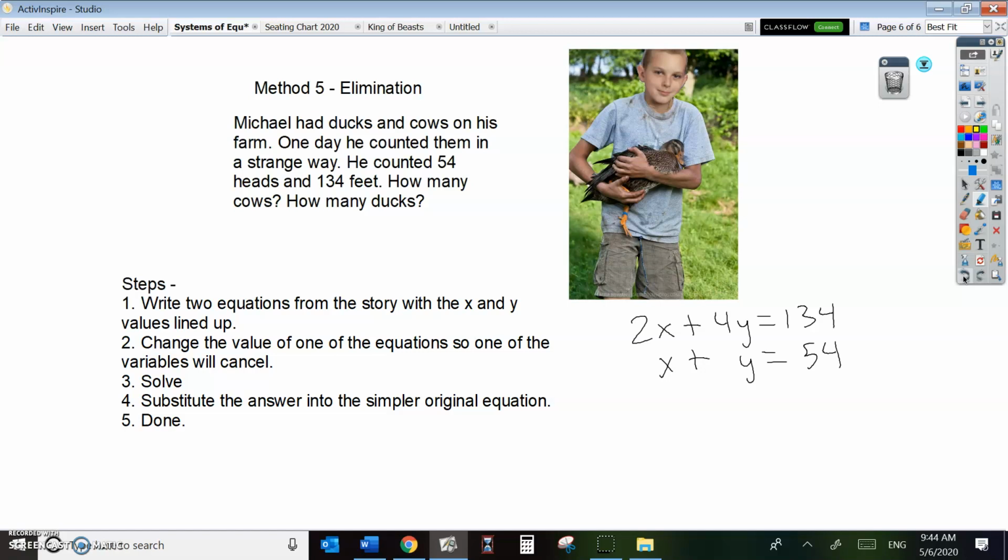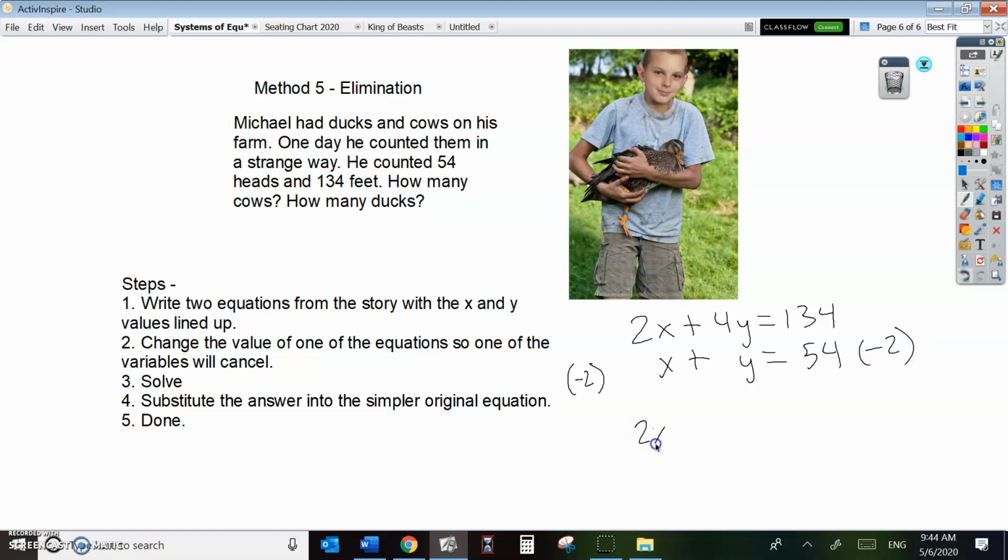You know that 2 and 1 are actually pretty close. There's a 1 in front of that variable, it has a coefficient of 1. So let's change the bottom equation by multiplying everything by negative 2, and then we will be able to eliminate the x variable.